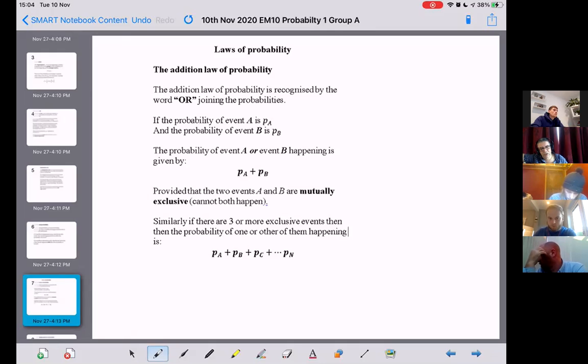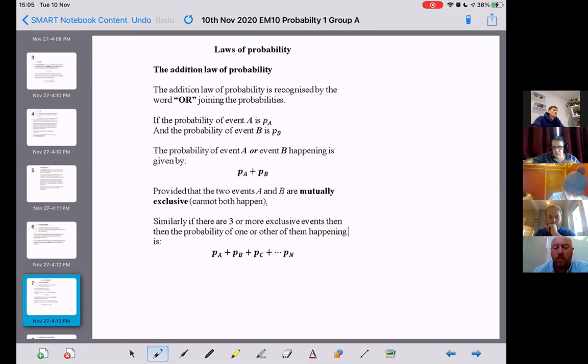On a single roll of a dice, you can't throw both a 1 and a 6 at the same time, but the probability of throwing a 1 or a 6 is the probability of the 1 added to the probability of the 6.